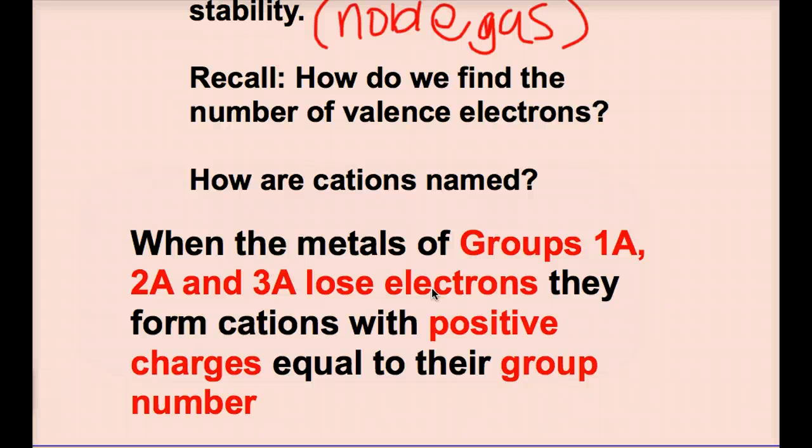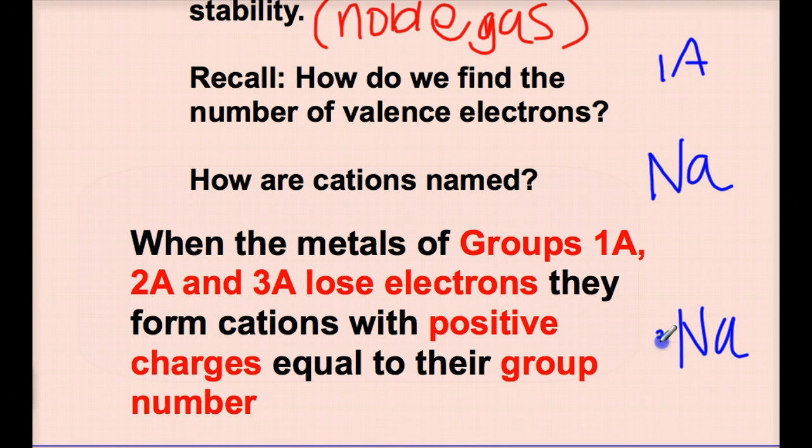So for example, let's use my favorite one, sodium. Just like what we've done in our previous example, sodium is 1A, right? Since sodium is in 1A, we know it wants to lose one electron, right? If I were to draw this, I would draw this one valence electron here.